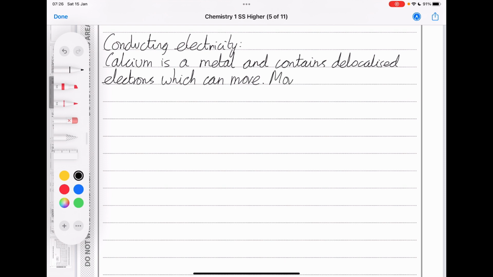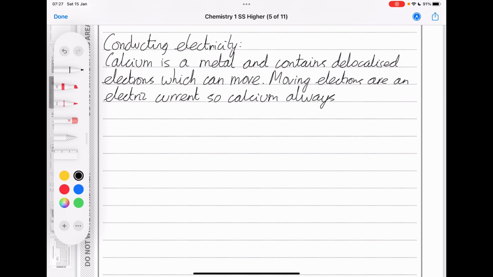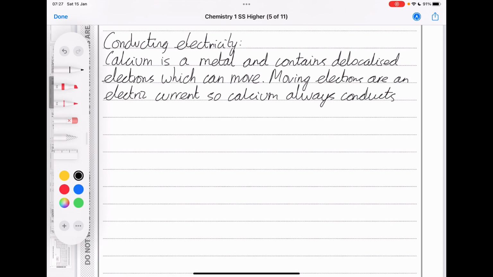Moving electrons are an electric current. So calcium always conducts electricity.